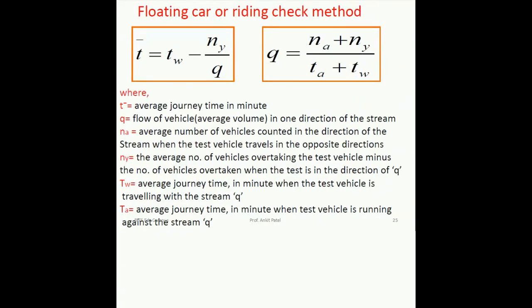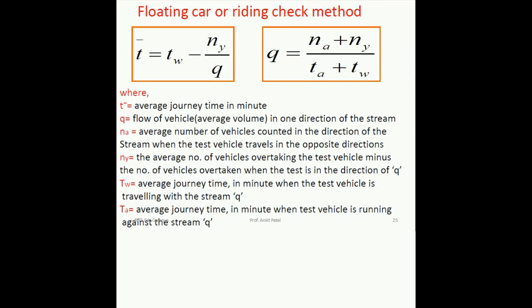In the floating car or riding check method, T bar equals TW minus NY upon Q, and Q equals NA plus NY upon TA plus TW, where T bar is the average journey time in minutes, Q is the flow of vehicles, NA is the average number of vehicles counted in the direction of the stream when the test vehicle travels in the opposite direction.